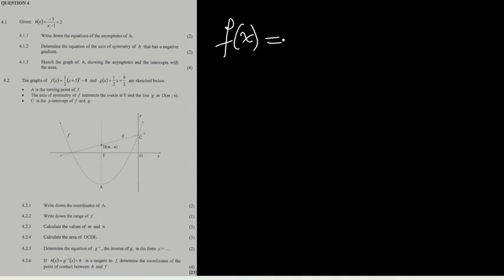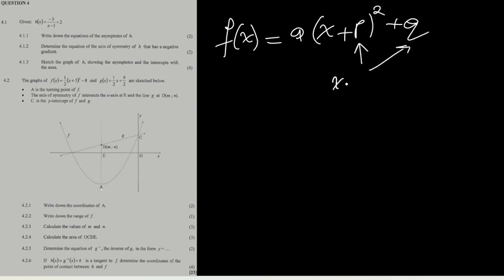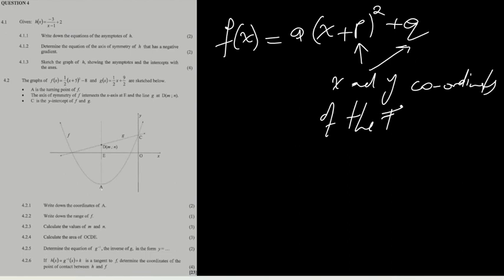So let's talk about this function f of x. Let's say we have some function f of x equal to a into (x plus p) squared plus q. What is it that you need to know about this kind of function? These are the x and the y coordinates of the turning point.